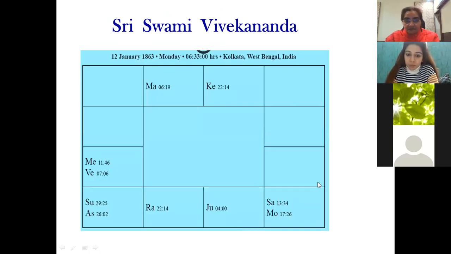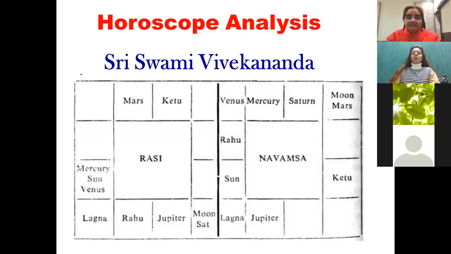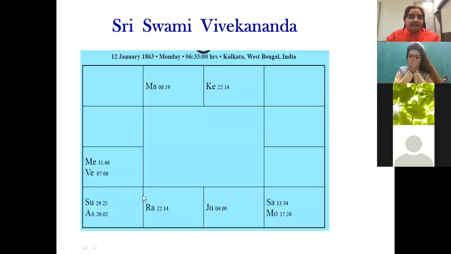Now this is the South Indian chart for this same. But if you see, there is a difference in this chart. The one difference is Sun is here in the Capricorn, whereas in our chart, Sun is coming here. Rest of the things are absolutely same.